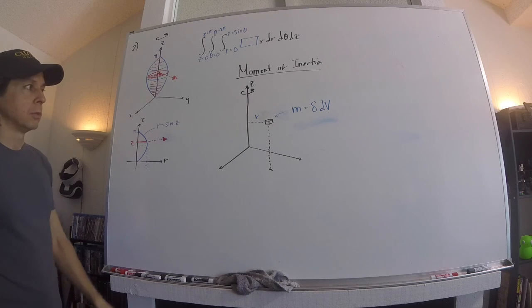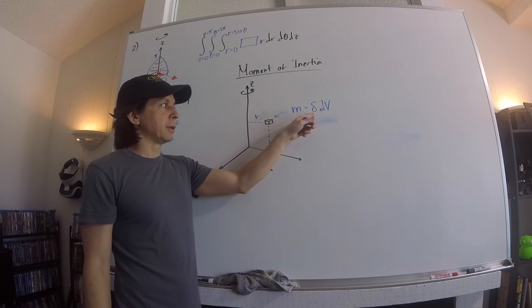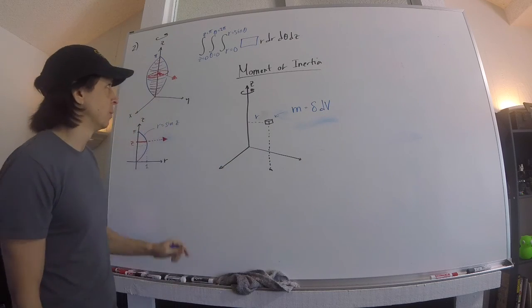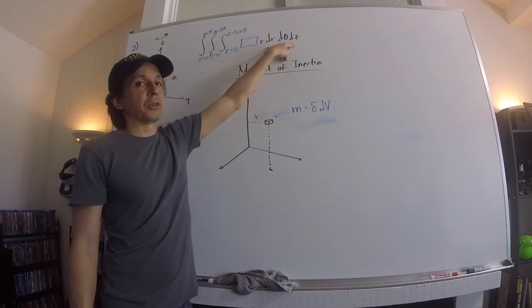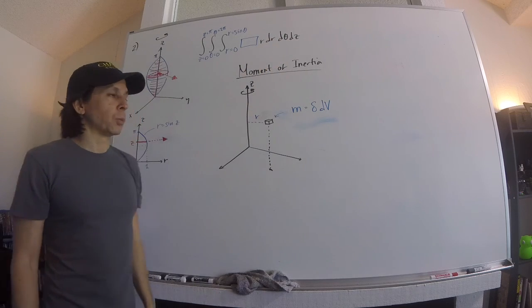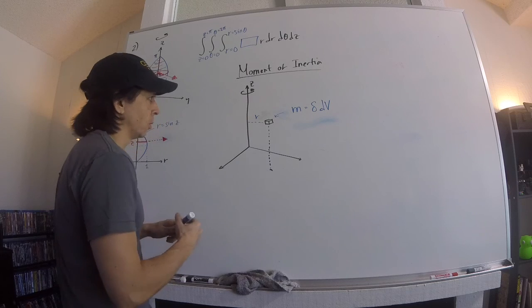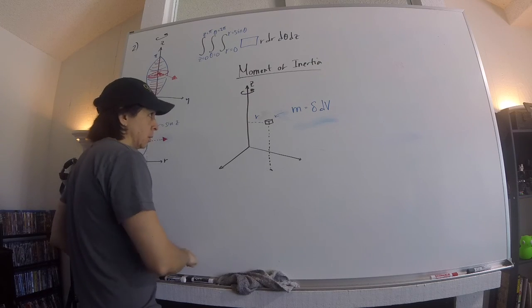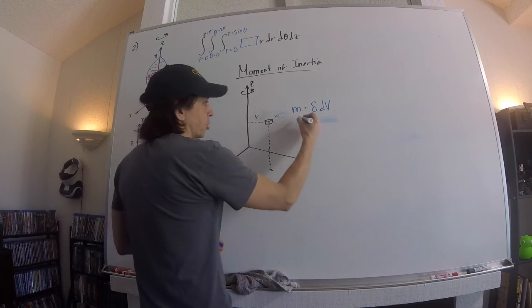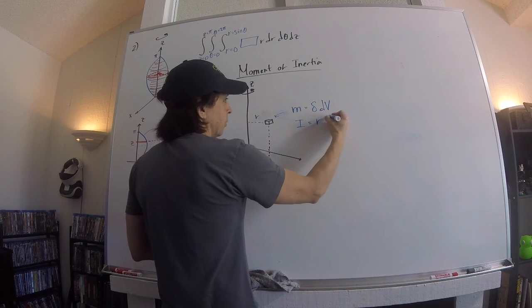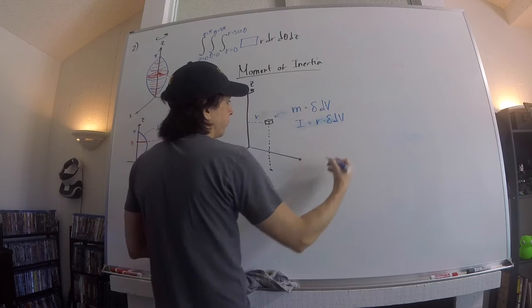And so the mass of this little piece is going to be the constant density times a little dV, the dV being that little volume that's representing that dr d theta dz when we rewrite it as an integral. Okay, anyway, so the moment of inertia of this point mass is given by r times delta dV.